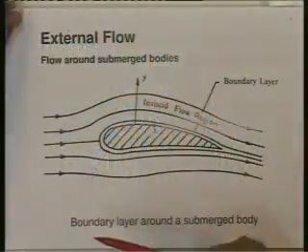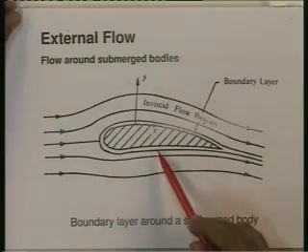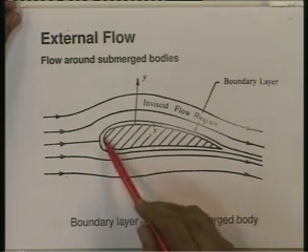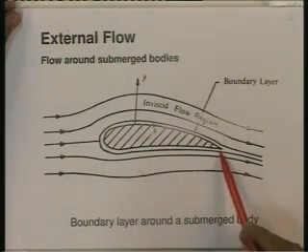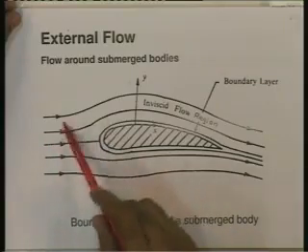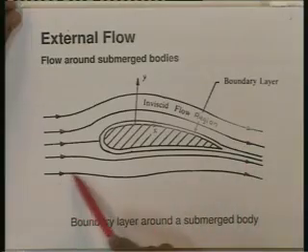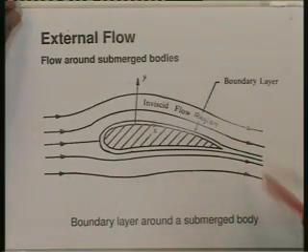External flow is a flow around submerged bodies. And here we have a typical submerged body, an airfoil, which is confronting a free stream, which is the fluid flowing and surrounding it.